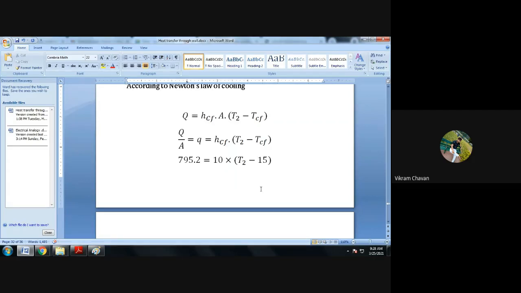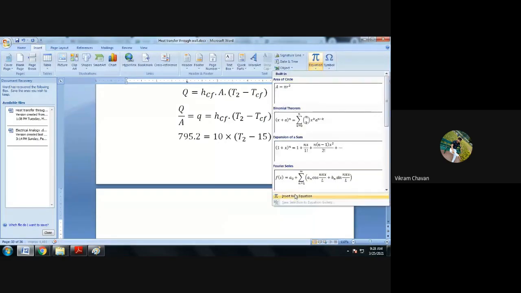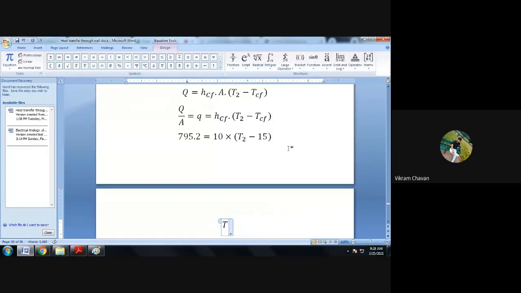Okay, someone is getting 94.52. Whether this is the right answer or wrong, please put yours also. T2 is equal to... Okay, same answer.